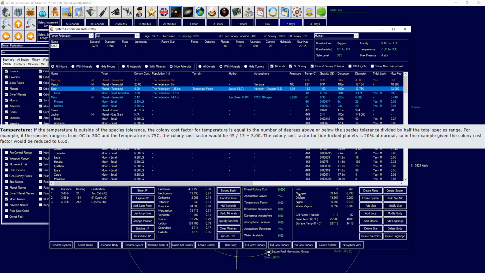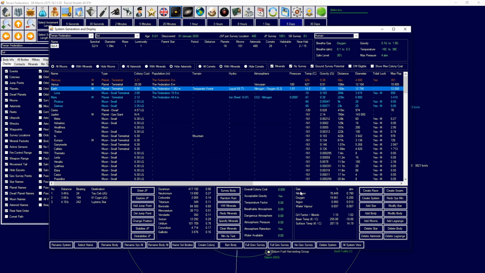The colony cost factor for tide-locked planets is 20% of normal. So in the given example, the colony cost factor would be reduced to 0.6. And there you go. So that is what temperature is, reading an excerpt there from the forums for Steve's changelog.